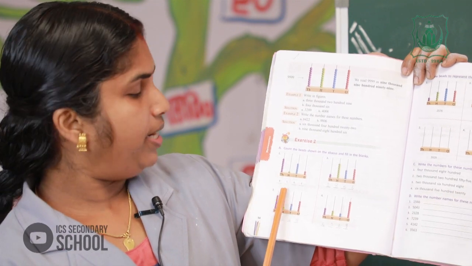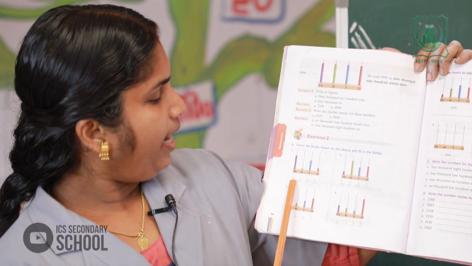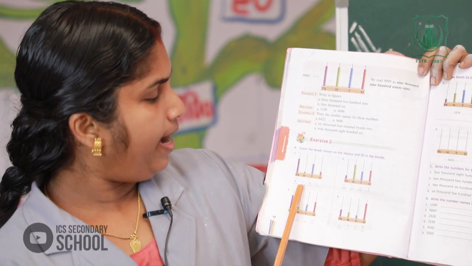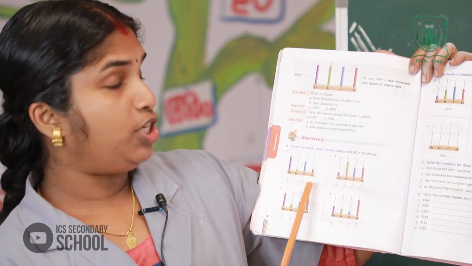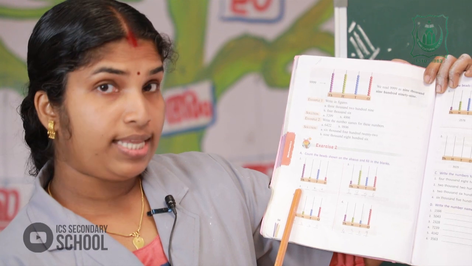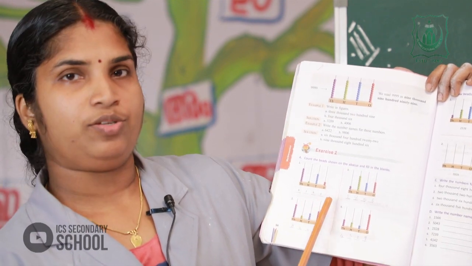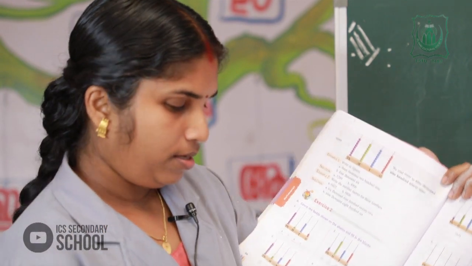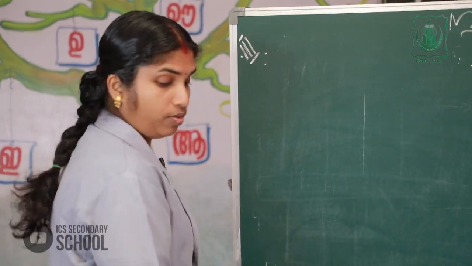Okay, 8 pink beads. So we write 8,162. Okay, I draw the picture on the blank.